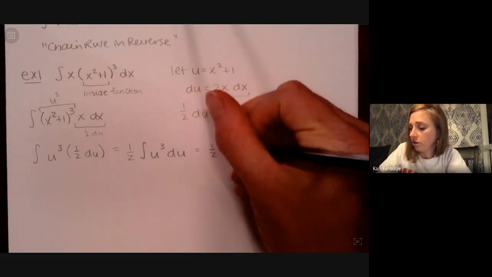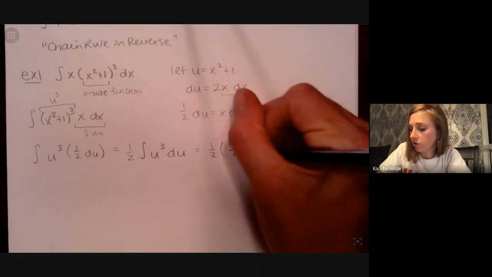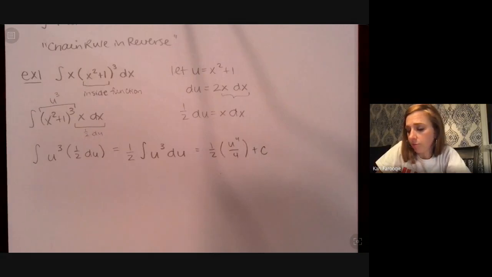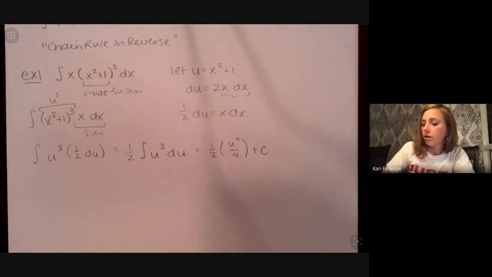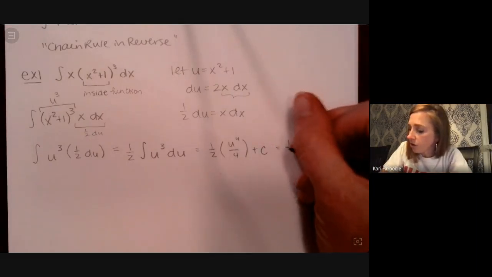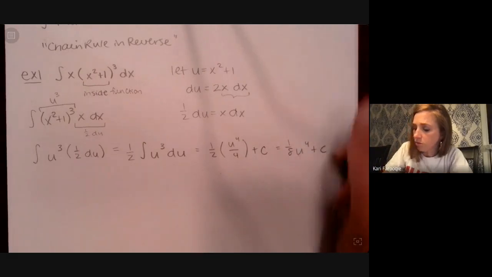So we're going to take u to the 4th divided by 4. And I know we spent a lot of time already talking about definite integrals last time, so get back into the habit of writing your plus c's for your indefinite integrals. I'm going to simplify this, and then we're going to back substitute for x because I don't want my answer written in terms of u. So this is 1/8 u to the 4th plus c.